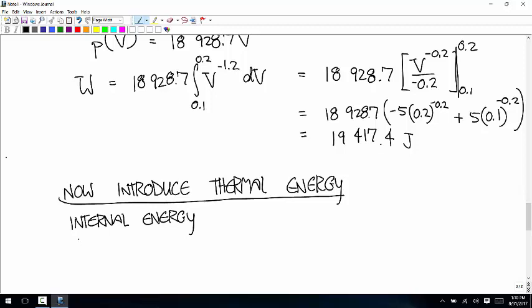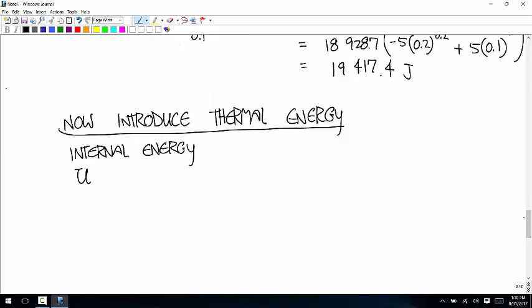Internal energy is going to be written as capital U, and that's related to the motion of molecules within the system.